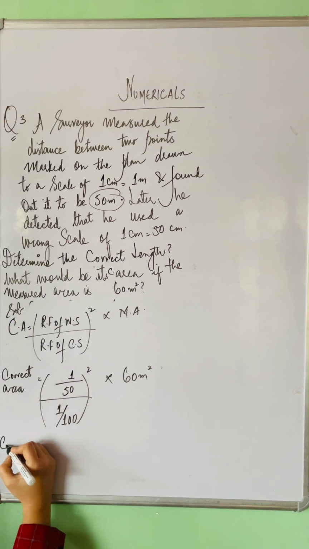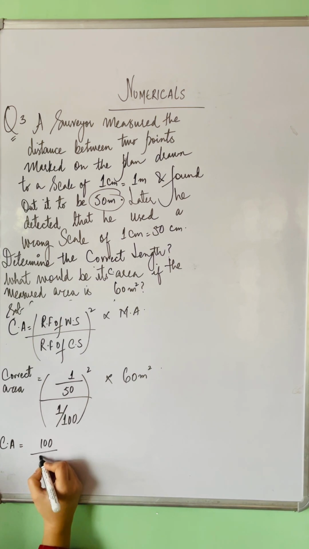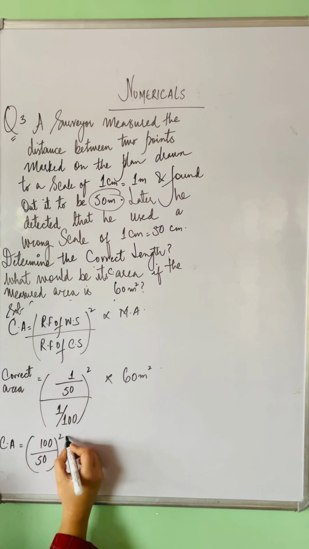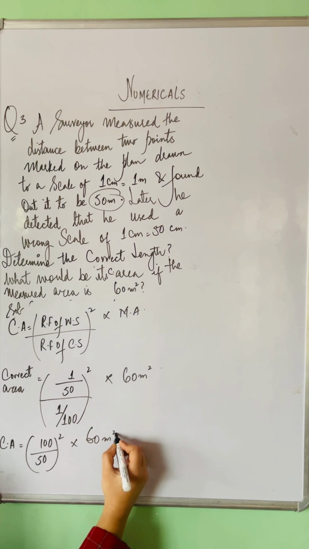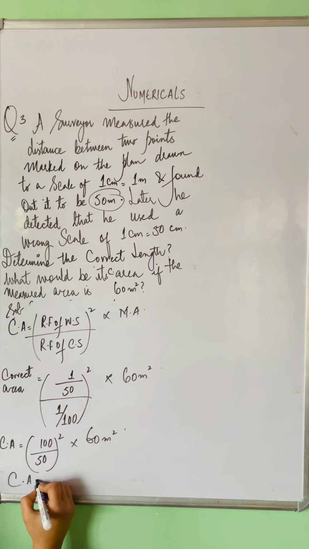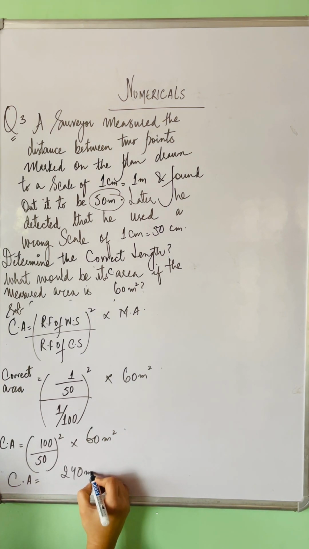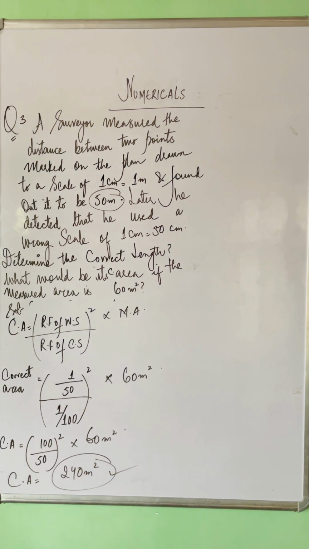So the correct area will be 240 meters square. Right? So we calculated the correct length as well as the correct area.